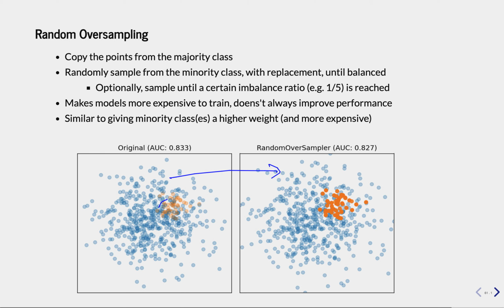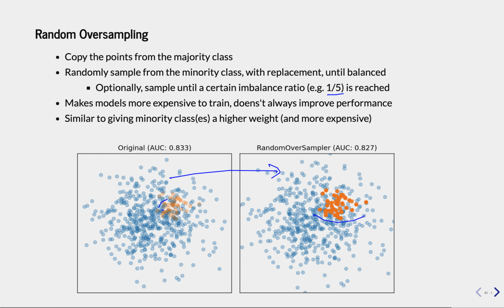So you will resample these orange points over and over again, and you'll end up with a lot of duplicates. But the upshot is that if you look at the numbers, the datasets will be balanced. Again, if you don't want a 1-1 balance, if you can get away with a 1/5 or 1/3 imbalance, then that's fine. And you don't have to oversample that much.